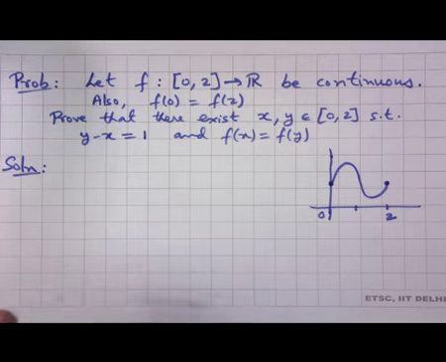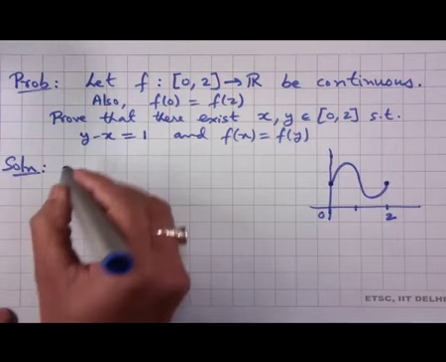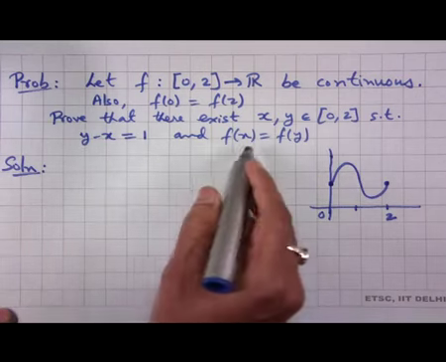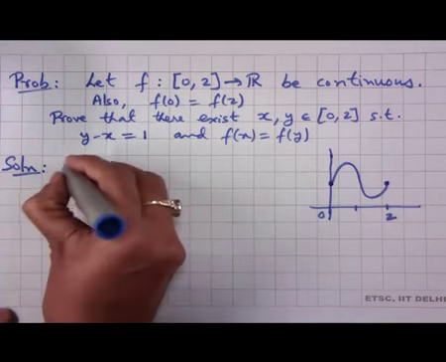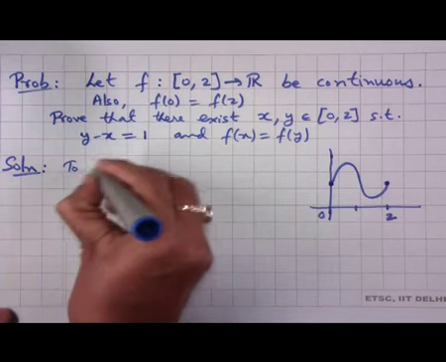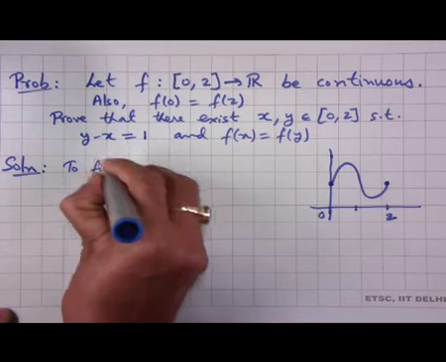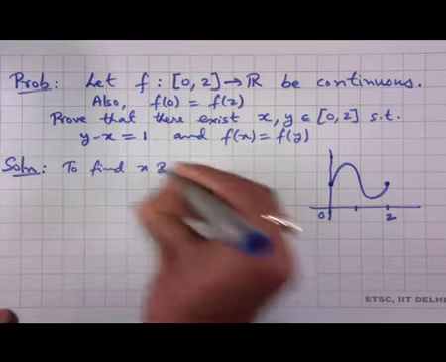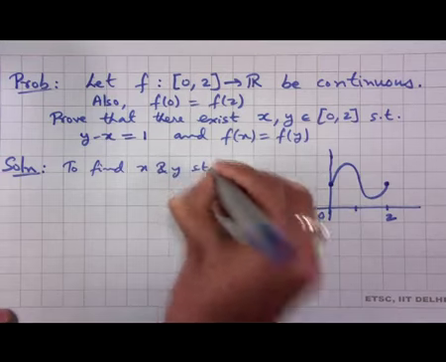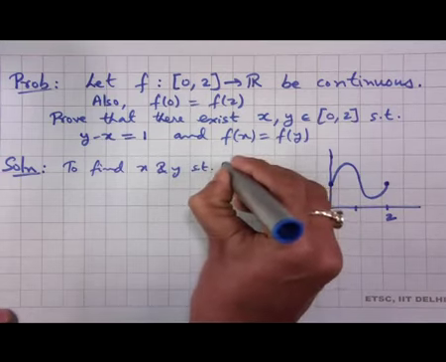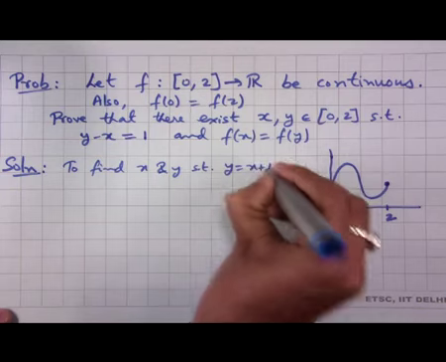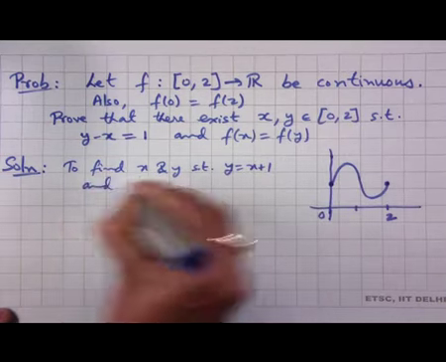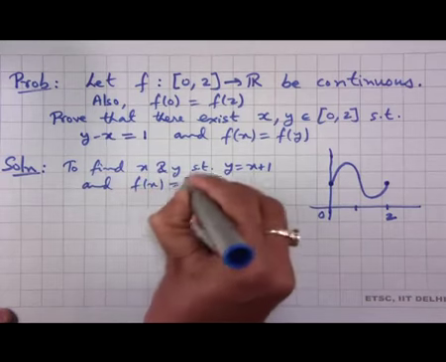So, to solve this, we have to find x and y such that y is equal to x plus 1 and f of x is equal to f of y.